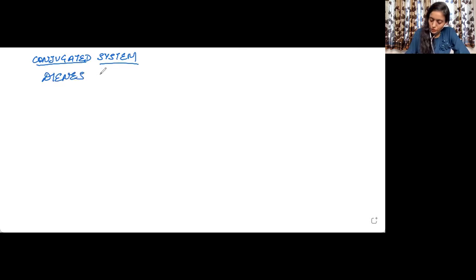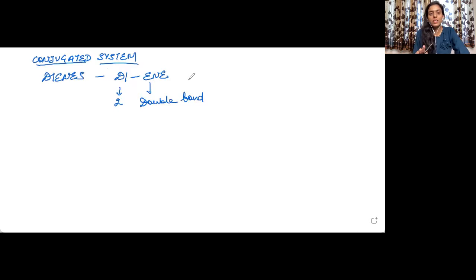Now, if we break this word, it is di and ene. Di means two. Ene is used for a double bond. When a molecule has two carbon-carbon double bonds, ene is used for carbon-carbon double bonds.